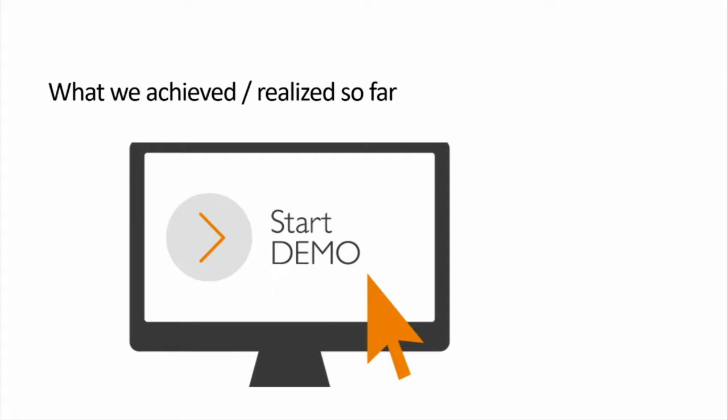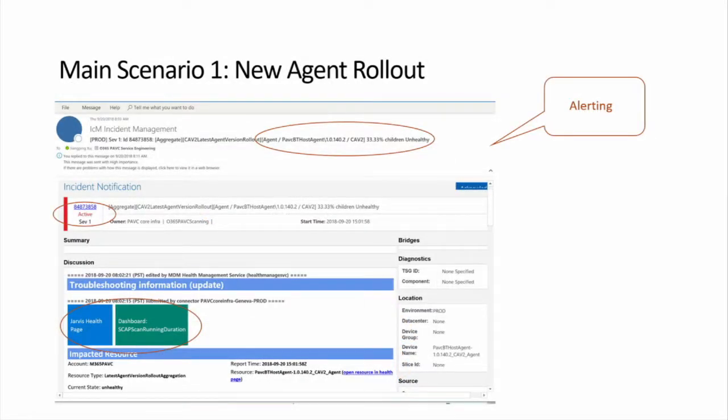Now we are going to demo what we have designed and what we have done. All the demos I show you are live, and are used by our teams and by partner teams. The first major scenario is new agent rollout.